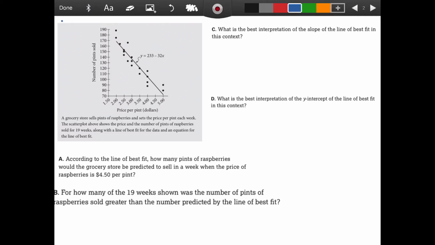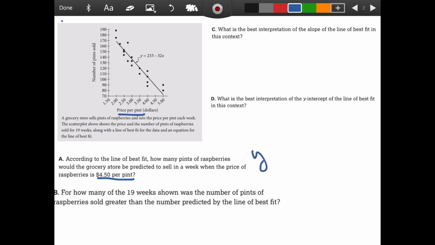So the first thing that they could ask you is, according to the line of best fit, how many pints of raspberries would the grocery store be predicted to sell in a week when the price of raspberries is $4.50 per pint? If we look at the graph, our price per pint is on the x-axis.